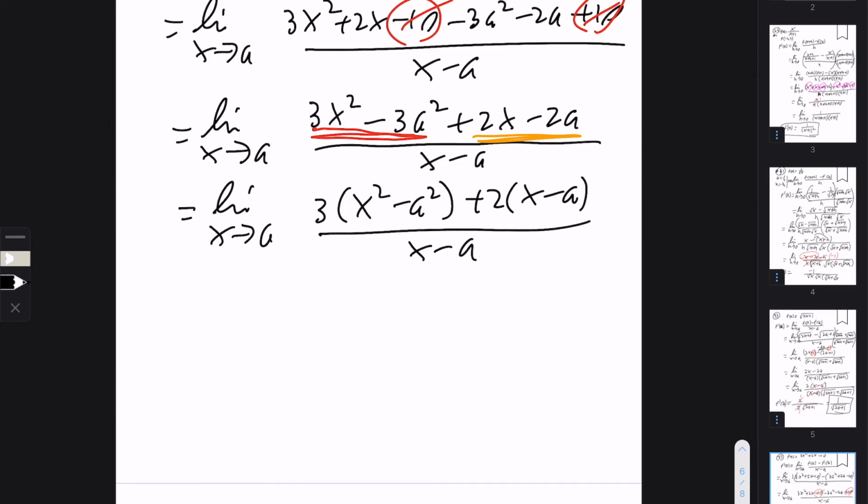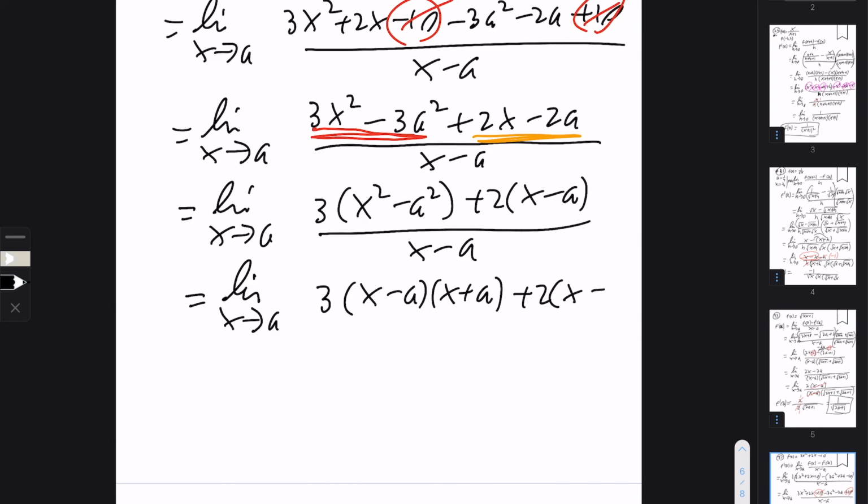And you might think, what does that do for us? Well, I'm going to keep going. This is a crazy problem, lots of algebra, but you should recognize x squared, a squared, difference of two squares. That factors nicely to x minus a, x plus a, all over x minus a.